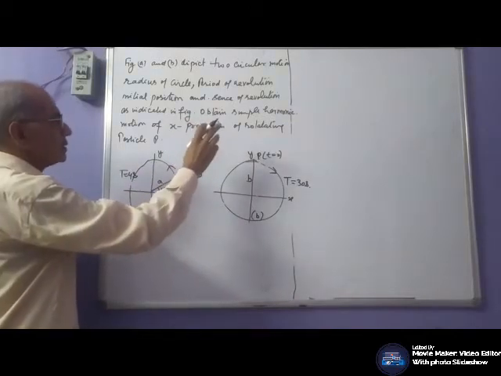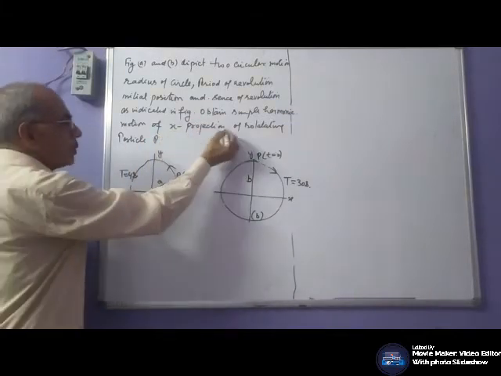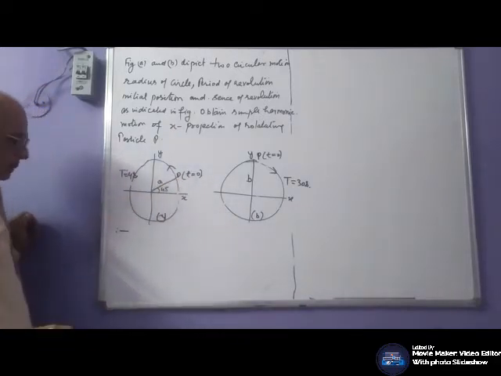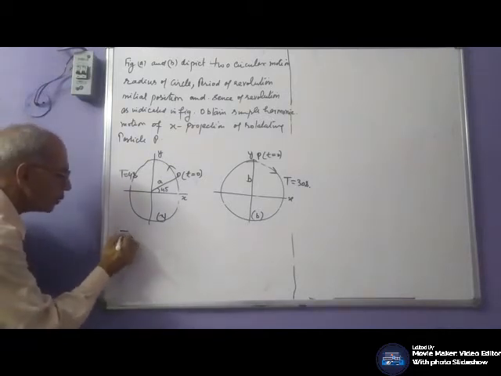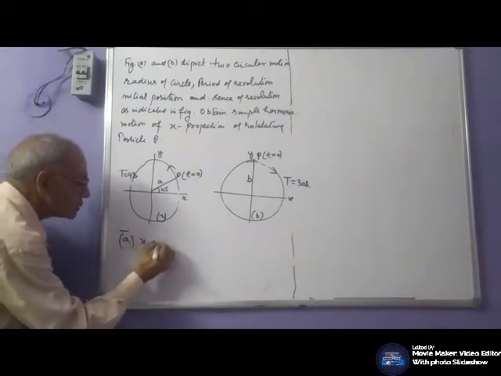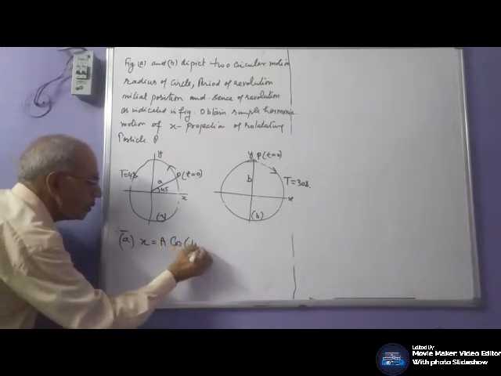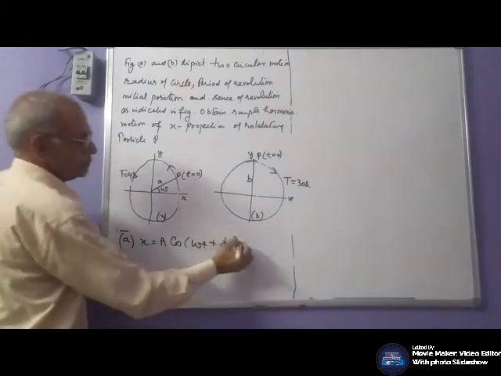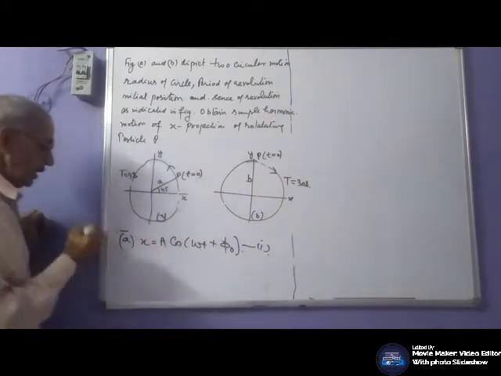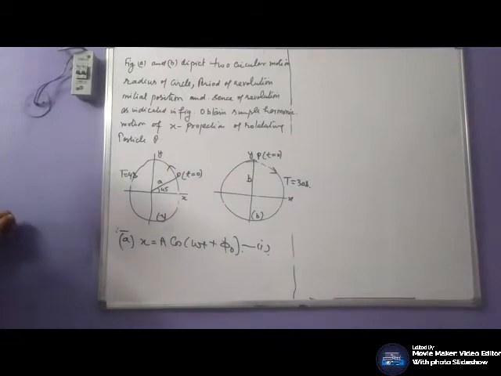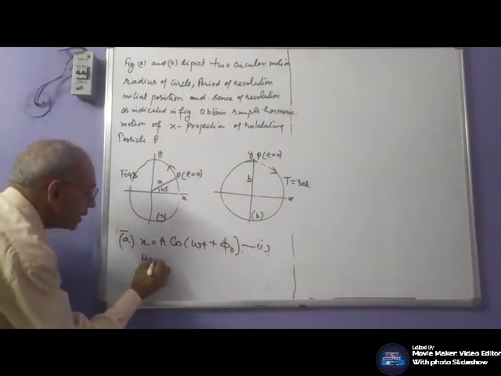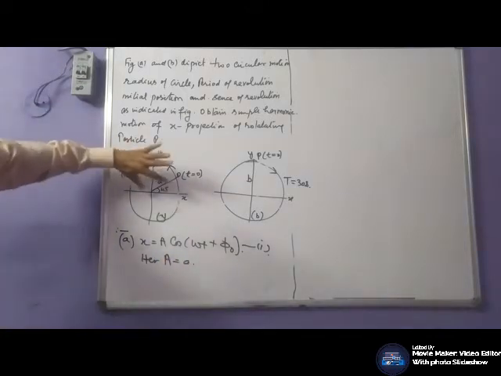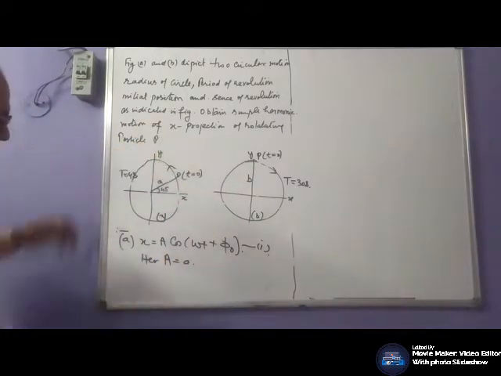Obtain the simple harmonic motion of the x projection. This means the projection on the x axis. So for A, it is x equals A cos omega t plus phi naught. This is the equation for A. Now according to the figure, capital A is small a, the amplitude, meaning radius.